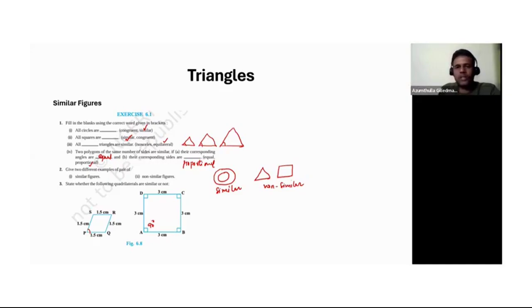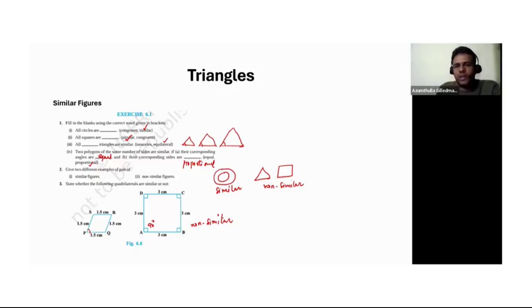So that criteria is matching, but the angles are not matching, right? The corresponding angles should be equal. If it were a square of 1.5 centimeters with 90 degrees, then we could say this is similar. So these quadrilaterals are non-similar.